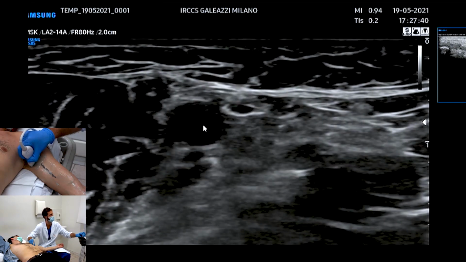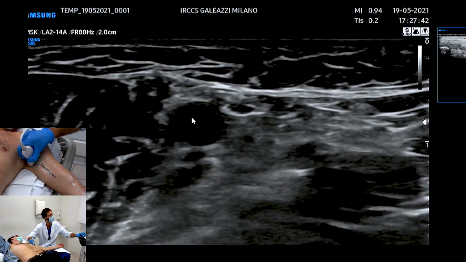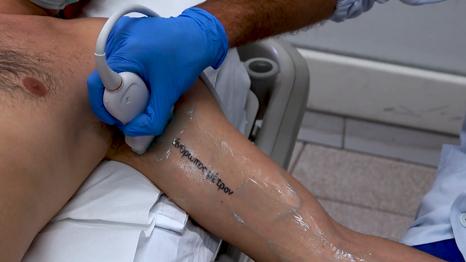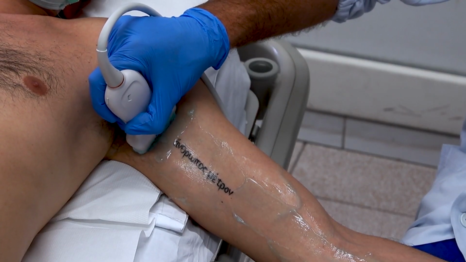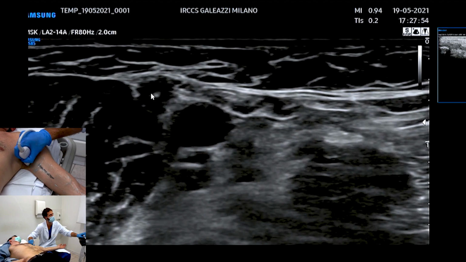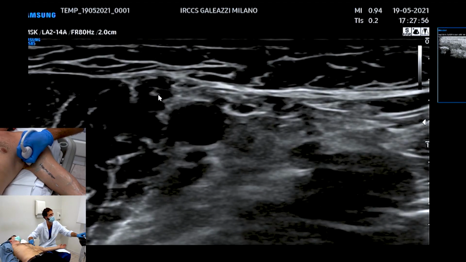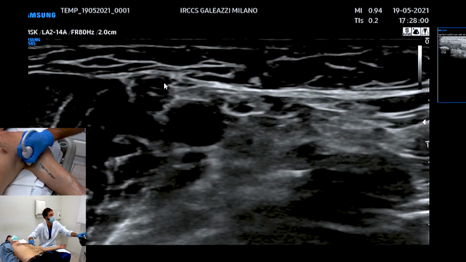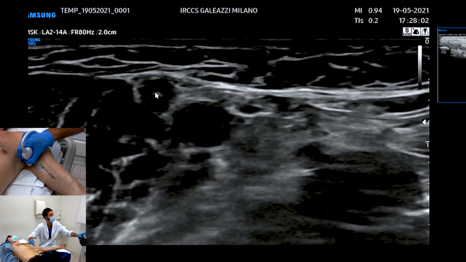This large vessel is in the center of the image, and we can easily recognize the median nerve anterior and lateral to the brachial artery. Here we can identify the median nerve superiorly and laterally to the brachial artery.